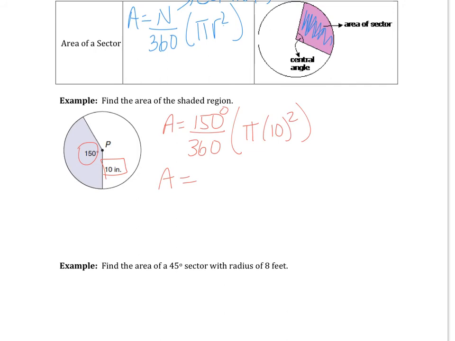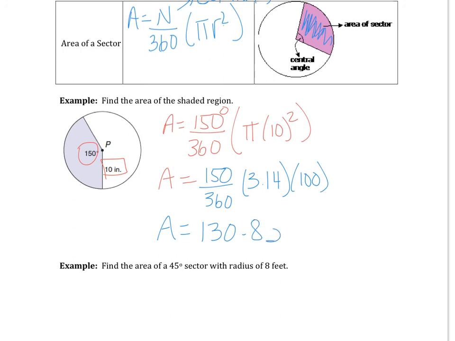Using my calculator, then I'm going to go ahead and multiply that through. 10 squared is 100, so I can make that 100. Let's move this down here. I'm going to leave that 150 over 360 times 3.14 times 100. Letting your calculator do the work then, you've got 130.83 inches squared.